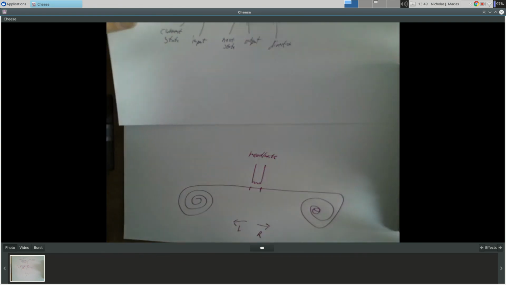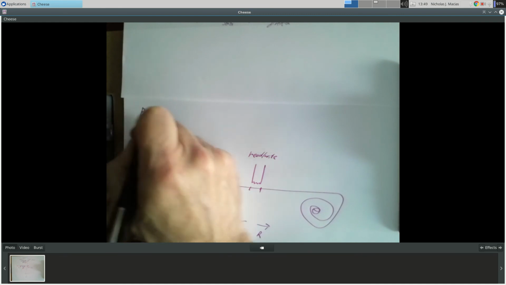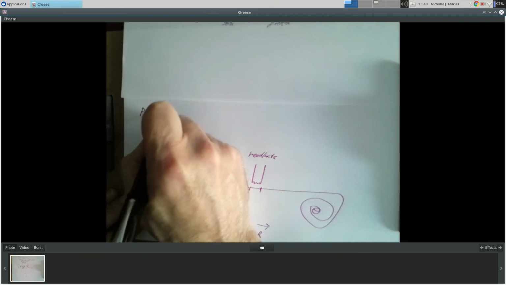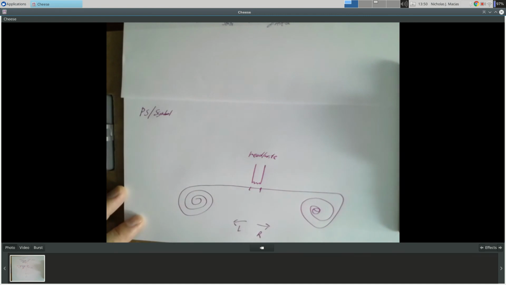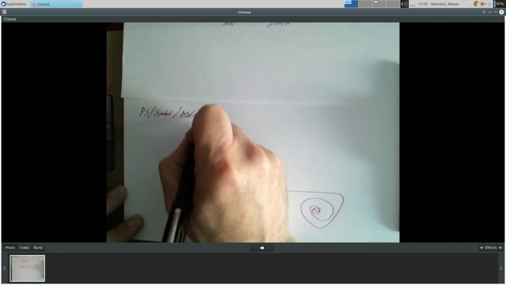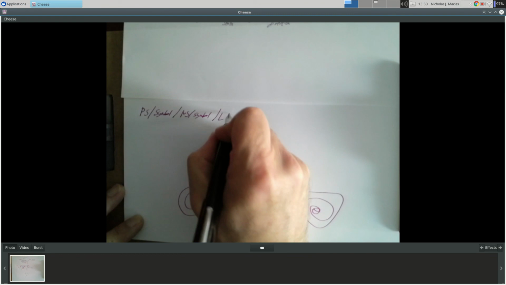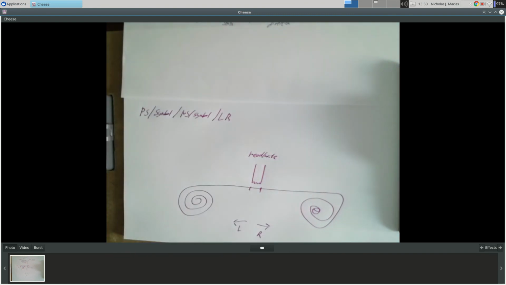And we make a state transition table that looks like this. We have a present state. We have some symbol, which is under the read-write head. We have a new state. We have a symbol that we're going to write in that position. And then we have a direction that we're going to move the tape, either one spot left or one spot right. And this is what the state table is going to look like for a Turing machine.